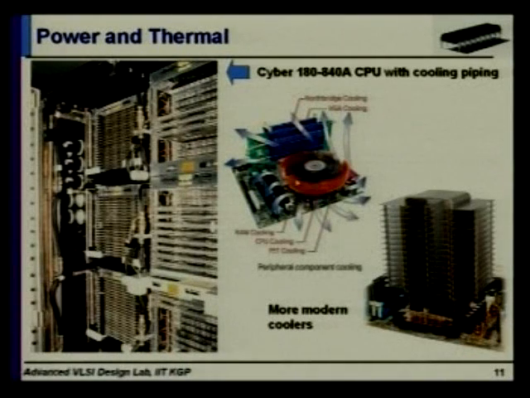These are more modern types of coolers, but they are not for ECL technology, so they don't need that amount of cooling. This is a fan. If you open up your PC, you will not be able to see the Pentium, because it is sitting right underneath the fan. If you plug out this fan, you will see that below it there is a Pentium.